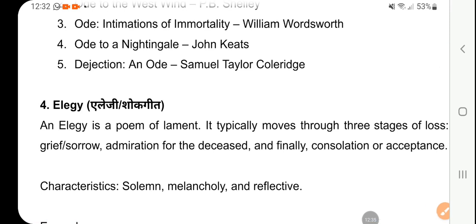Now, Ode: Intimations of Immortality, that is also William Wordsworth's very famous poem. Now, Ode to a Nightingale, you must have read in your school days. And Dejection: An Ode, written by Samuel Taylor Coleridge, is also an important and famous ode.